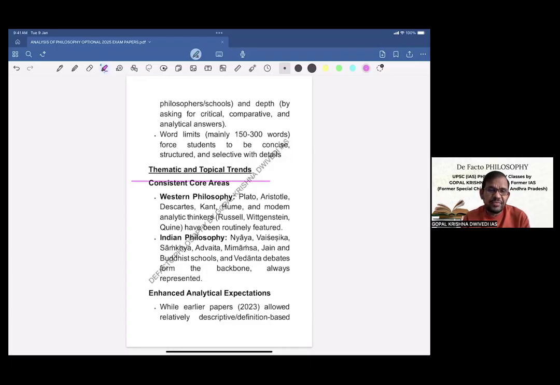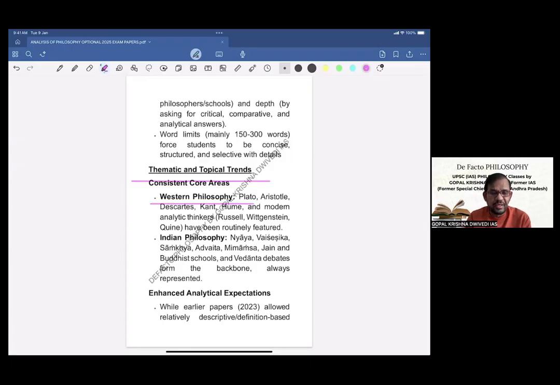As far as topics are concerned, there are some consistent topics and some differences. What are the consistent core areas from Western philosophy? Plato, Aristotle, Descartes, Kant, Hume, and modern analytic thinkers like Russell, Wittgenstein, Kuhn have featured in this exam and in earlier exams also.